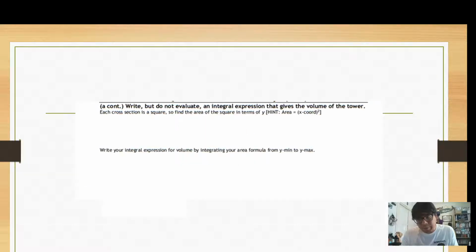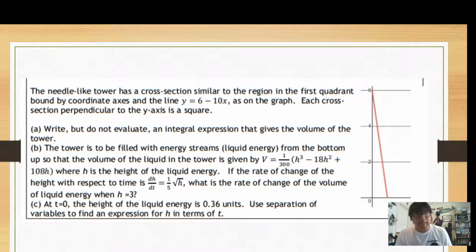That's important to us because we're going to be finding the area of each cross-section. The cross-section is the distance from the left side of the tower to the right side of the tower. Looking at this slide again, you can see the square is going to be built by the difference of these two x-coordinates.